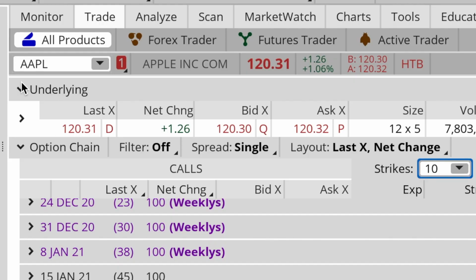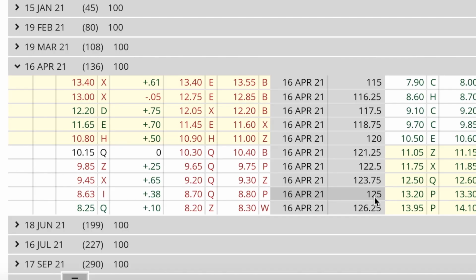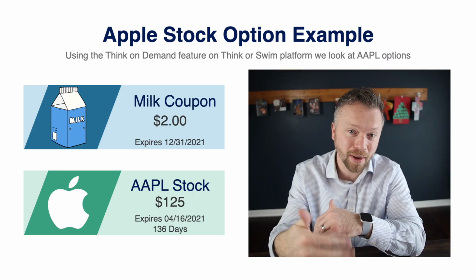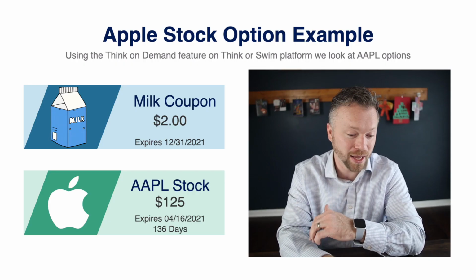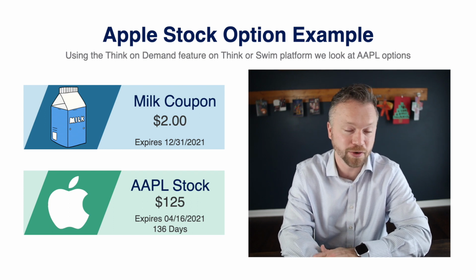And those are the three things within an options contract. The underlying security, in this case it's going to be Apple. The price that we're able to either buy or sell at, $125, is going to cost us either $8.70 to $8.80 per share to buy this contract for Apple stock, and we know that it expires in 136 days.